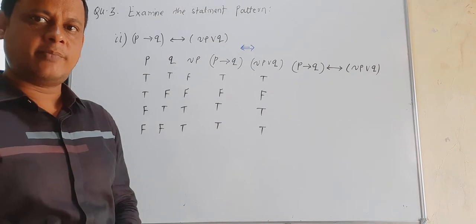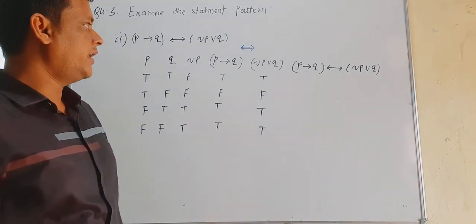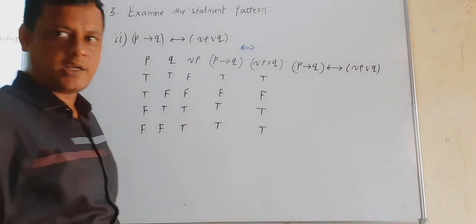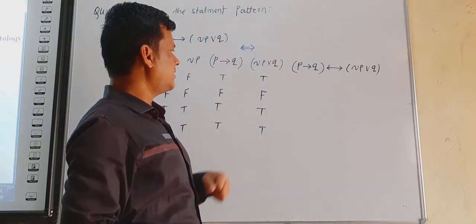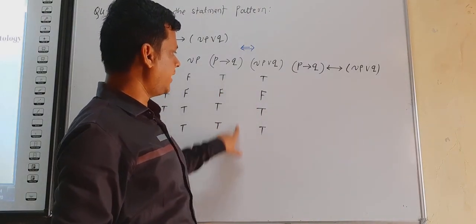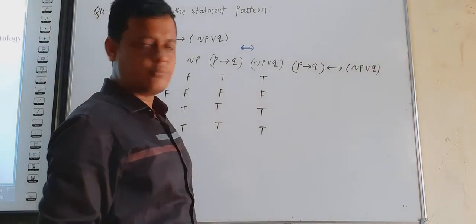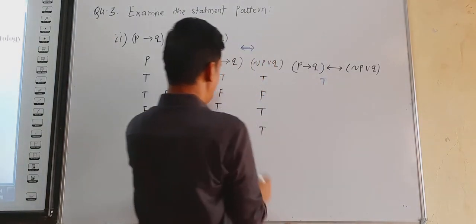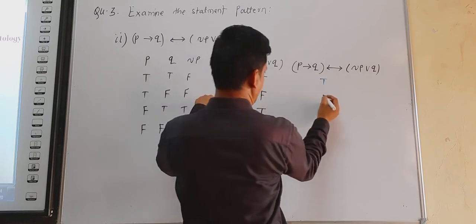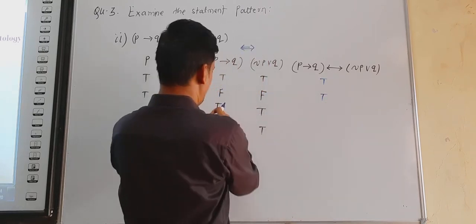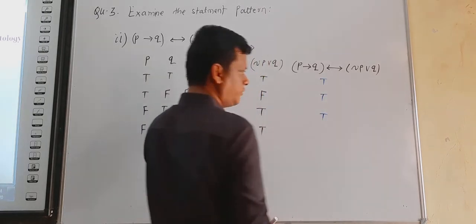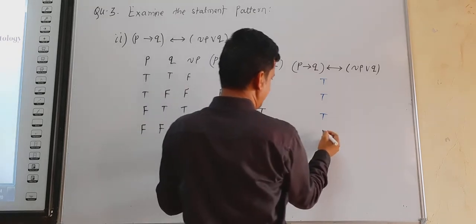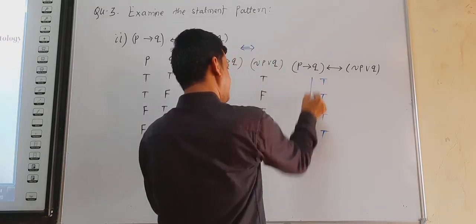If both the statements have the same truth value, then its truth value is T. If both the statements do not have the same truth value, then its truth value is false. Both the entries are same, therefore its truth value is T, and likewise for all four entries.